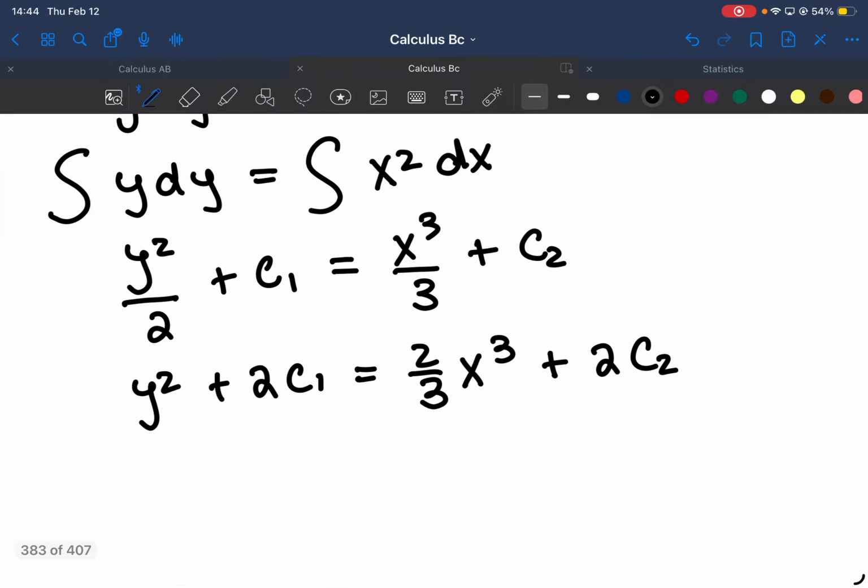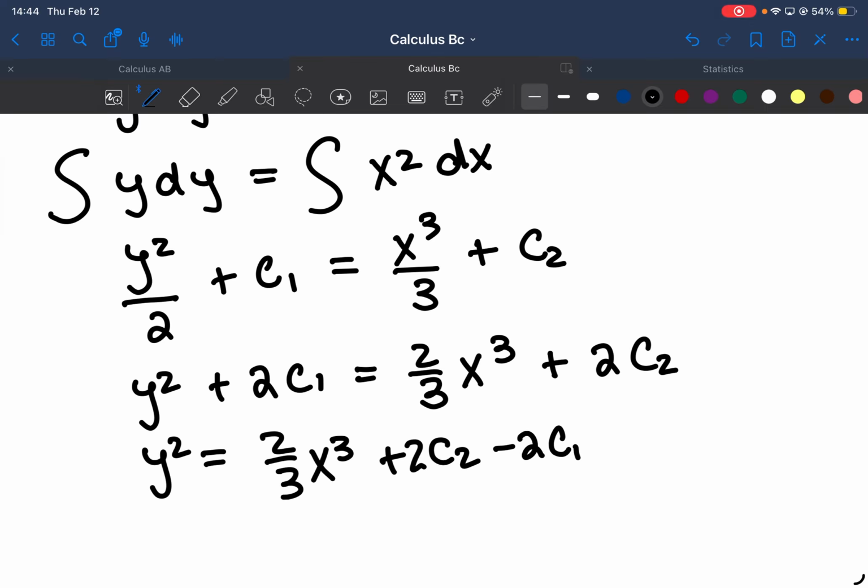I'm going to subtract the 2c1 over to the other side. So I have y squared is equal to 2/3 x cubed plus 2c2 minus 2c1. And now that the c values are on the same side, again, we don't know what those constant values are, so we can combine them and just say that this is just plus c. It's still some value that we do not know.